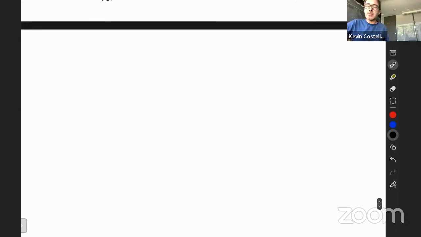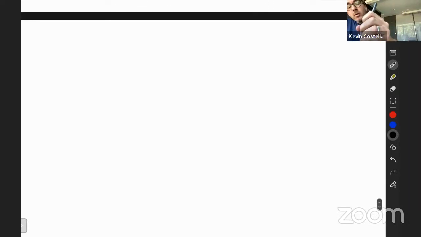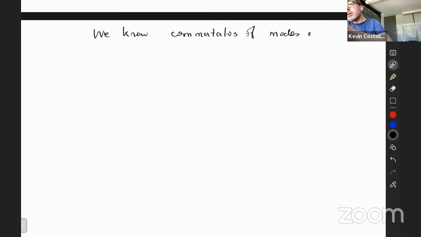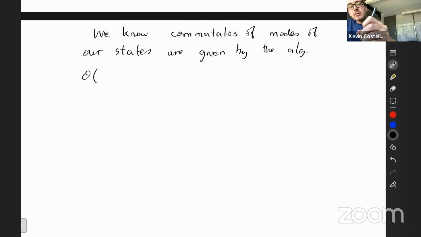And how does that help us? We know that the commutators of modes of our states are given by the algebra of functions in SL2C, SO8.